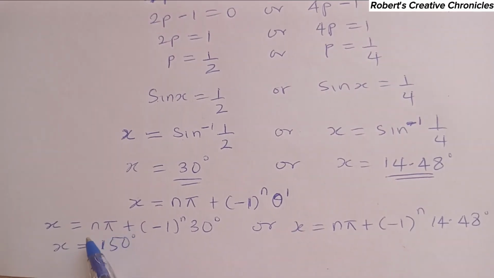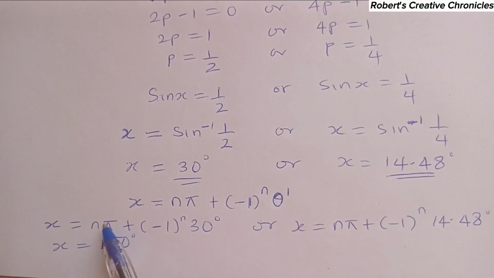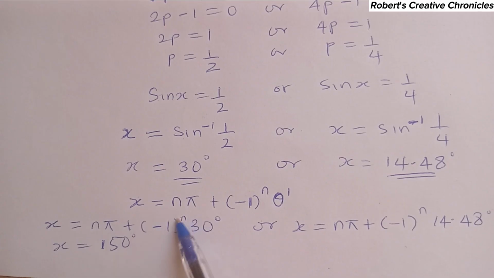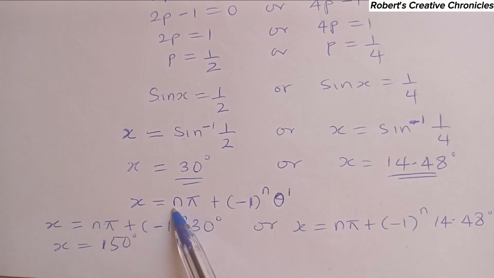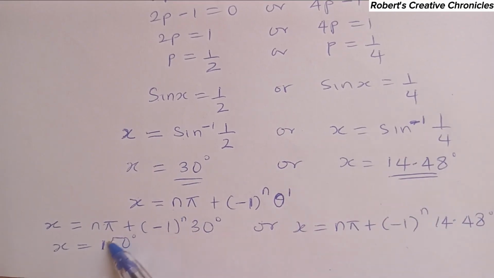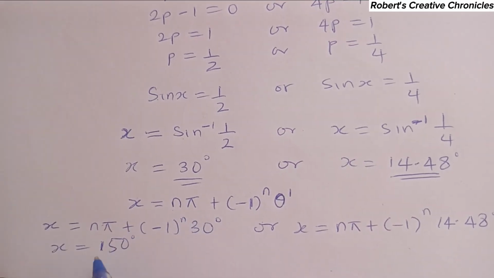Now again, if we take n as 2, it will be 2 times 180, which is 360. Minus 1 to the power of 2 is 1, so the value here will be above 360. And the question did not say we should find any value above 360. It will be from 0 to 360, so we stop here.